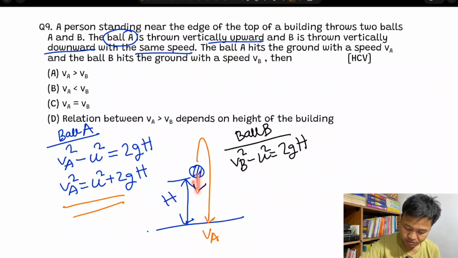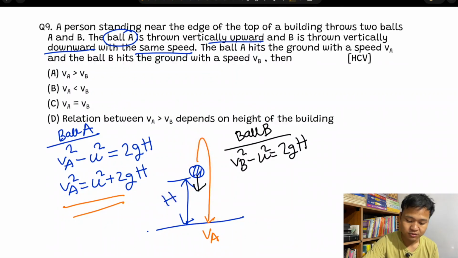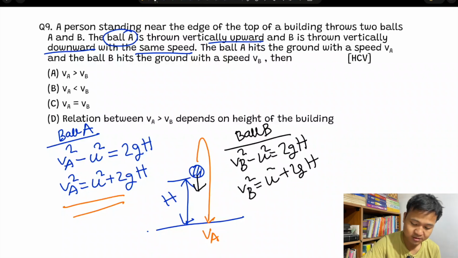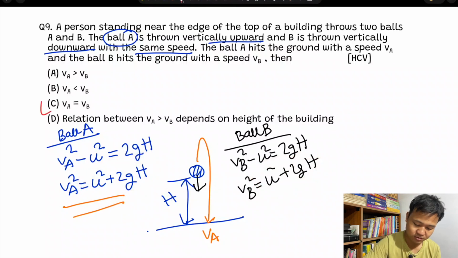In the first case also the displacement is minus h. Since the displacements are the same, you get the same answer: VB square equals u square plus twice g h. The right side is the same, so therefore the answer is C: both of them will hit the ground at the same speed.